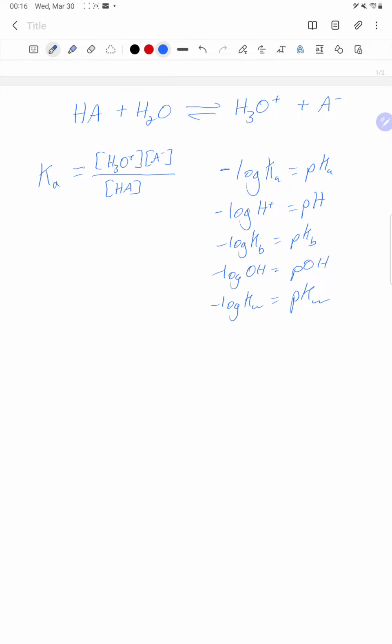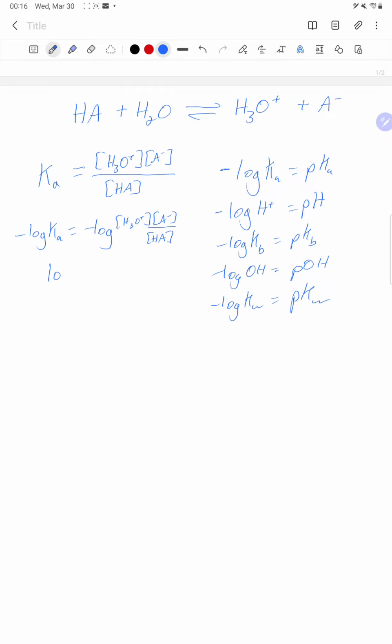All right, so let's apply negative logs onto this expression. We have the negative log of Ka equals the negative log of H3O plus A minus over HA. I'm writing it like this just for simplicity because of my next step. You can split logarithms into multiple logarithms.